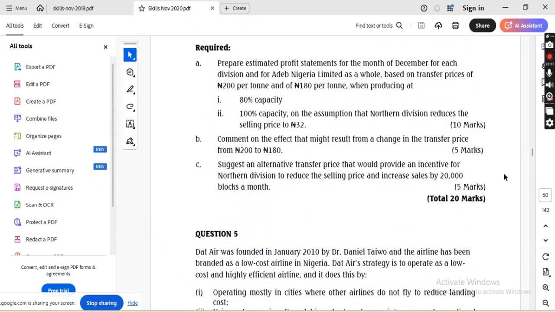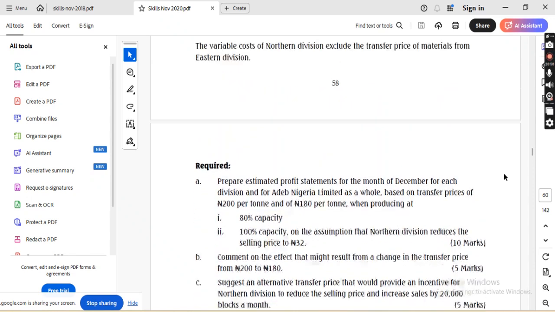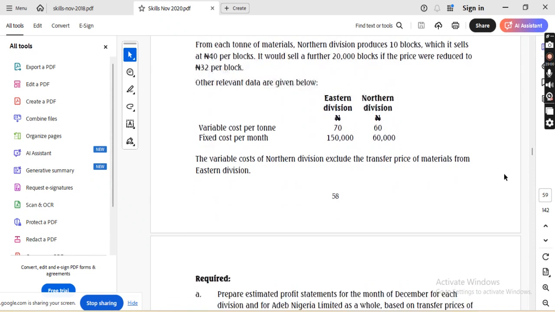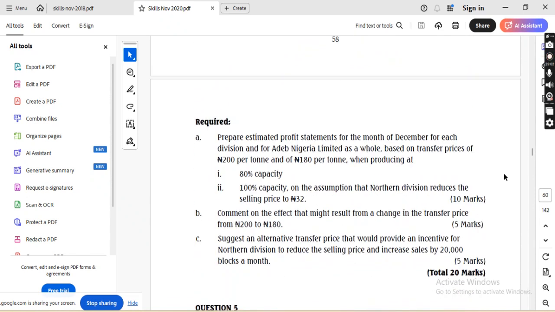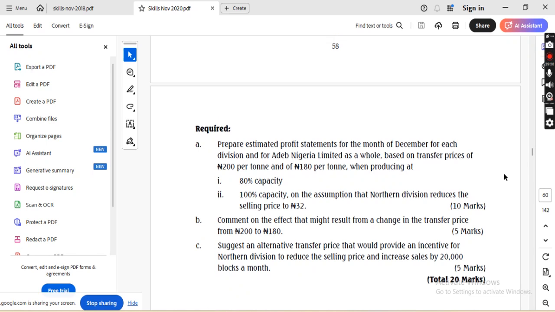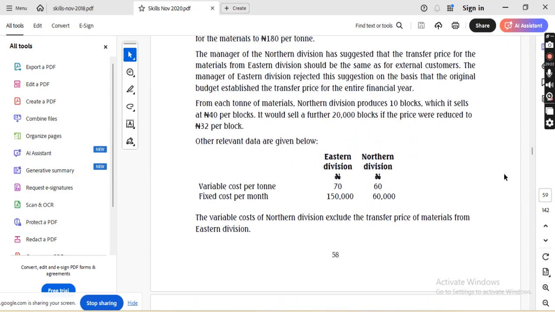Okay, yes, it's still the same. So can you see? The division at 100% capacity, on the assumption that the northern division reduces the selling price, you are still going to prepare what you did based on 200 and 180. But assuming that they now reduce the selling price and the capacity is 100%.